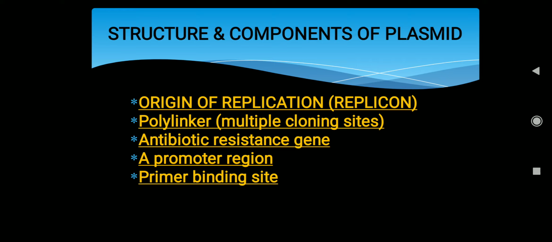So the restriction sites can be cleaved and the gene of interest can be inserted in this region, and we can go for genetic engineering studies. So the multiple cloning site is a region where DNA can be inserted. Which DNA? Our gene of interest.